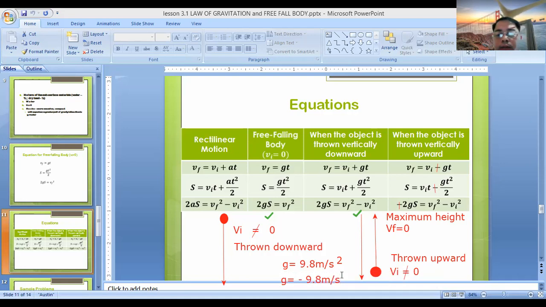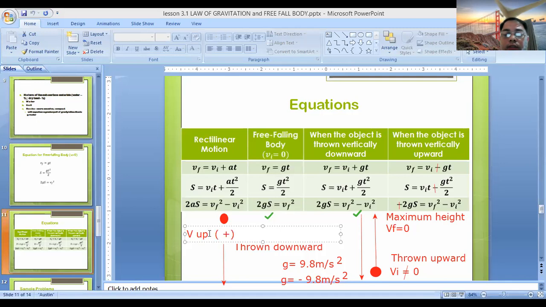Okay, are you following me? So we will now make g negative 9.8. Now, we will also change the direction of s and v. So v is velocity and s is displacement. Whenever v is going up, we will indicate it as a positive value.